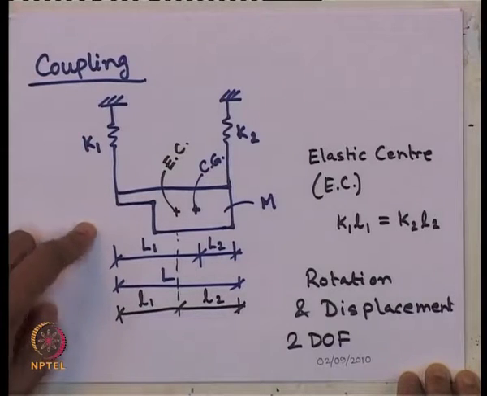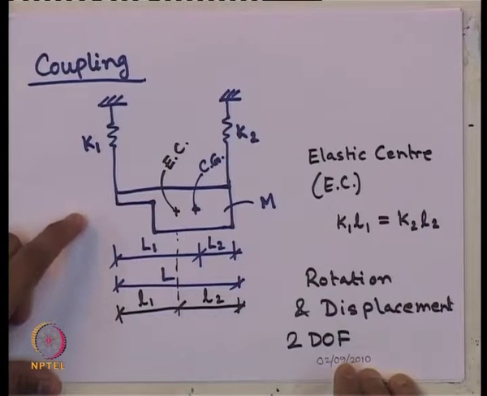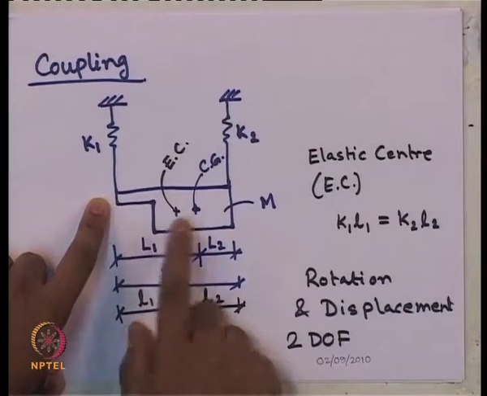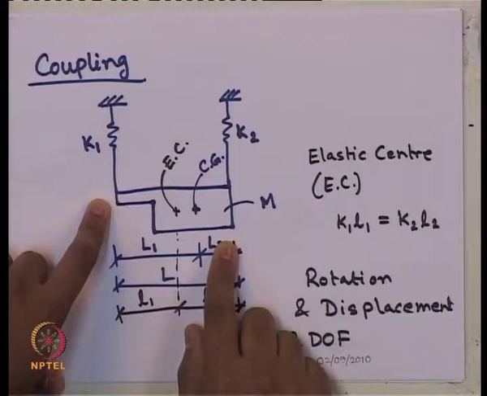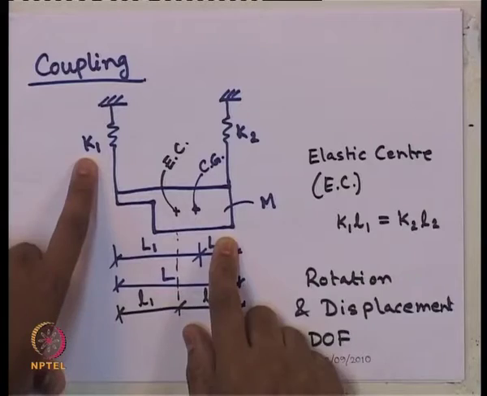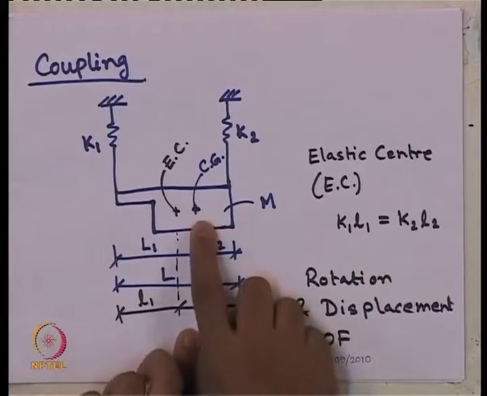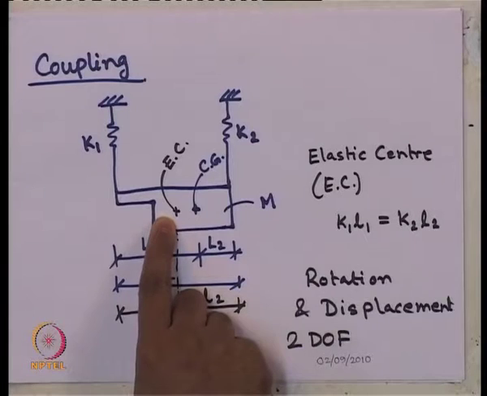So, we had taken 2 degrees of freedom system, which is undamped, which is connecting one rigid beam of mass m of varied cross section like this through two springs K1 and K2 to a support, and the center of gravity of the beam is here, that is CG, and we have defined another point which is known as elastic center EC.